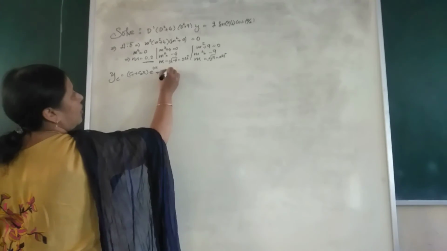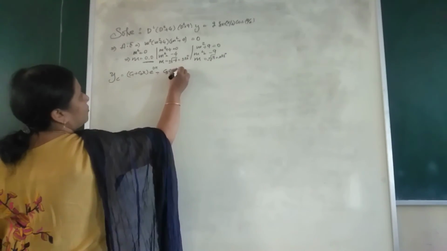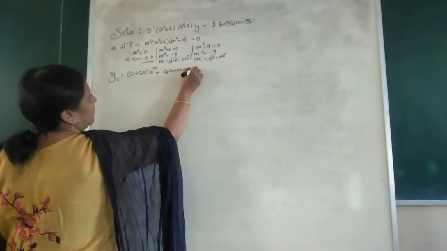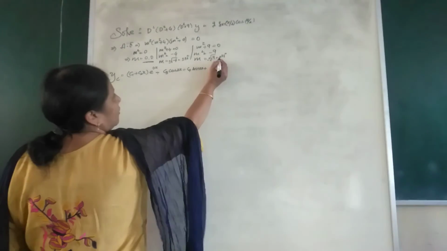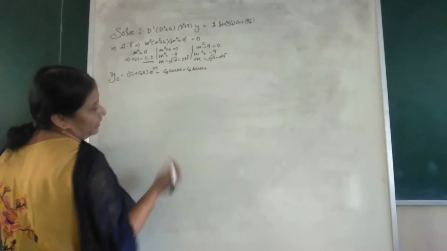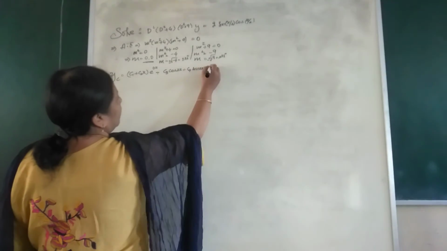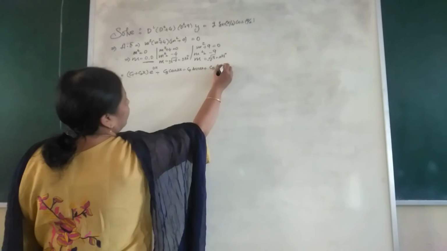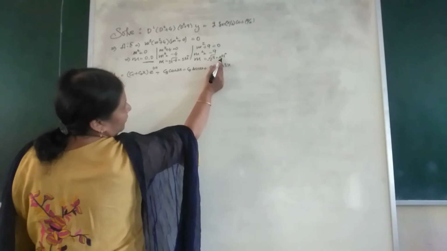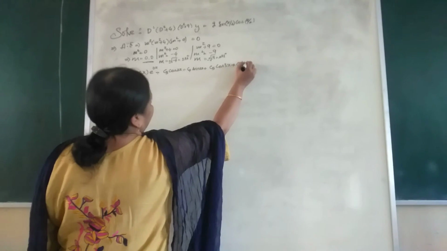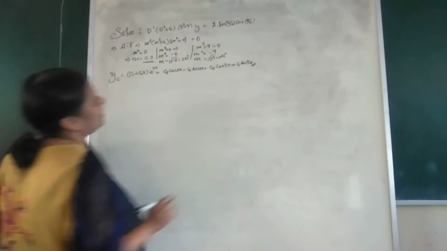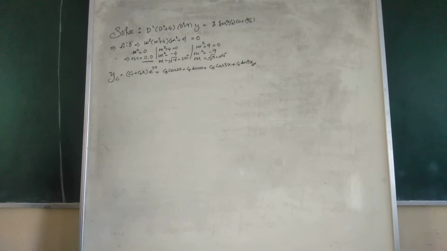So c3 cos 2x plus c4 sin 2x plus, again coming to this, here also we have complex roots but without real part. So directly after c4 we have c5 cos 3x, and I got 3 from the imaginary part, plus c6 sin 3x. This is the difference in the problem.